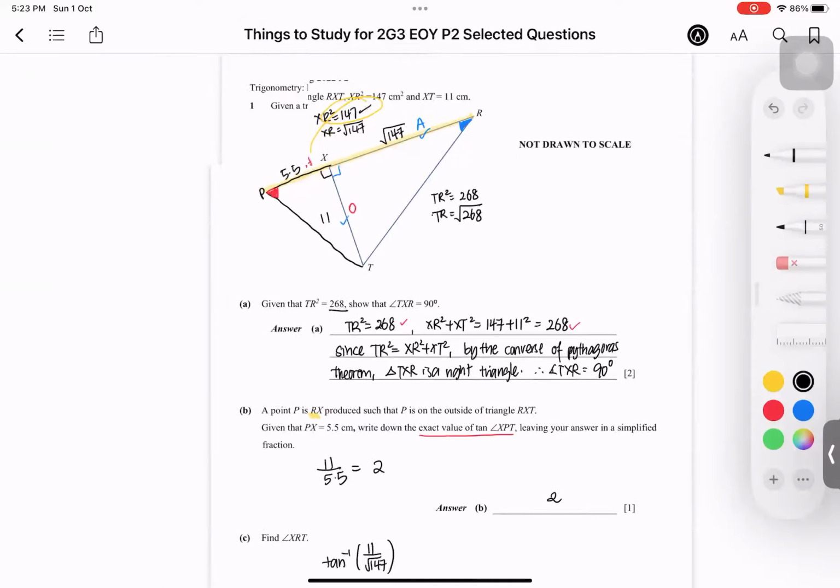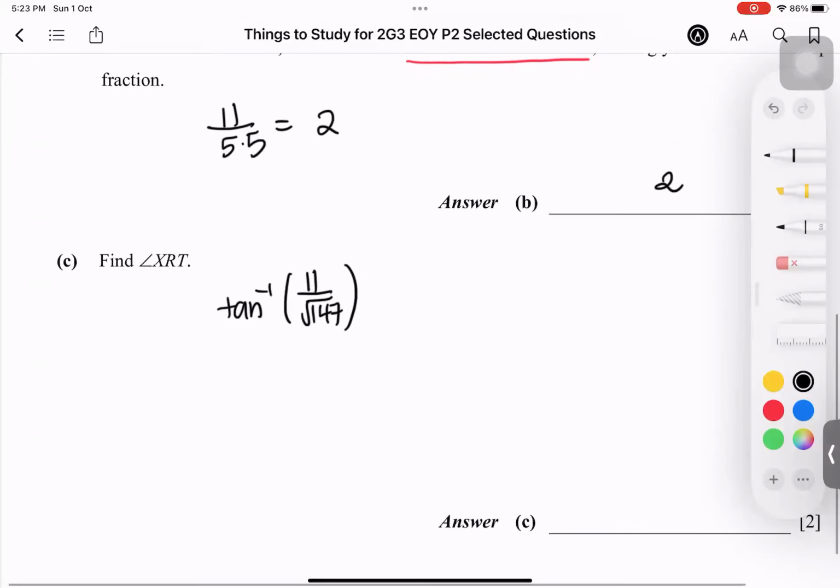Leave everything to your calculator: shift tangent, 11 over square root 147, close the bracket, and we get 42.2163, rounding off, 42.2 degrees. Have you gotten the answer?